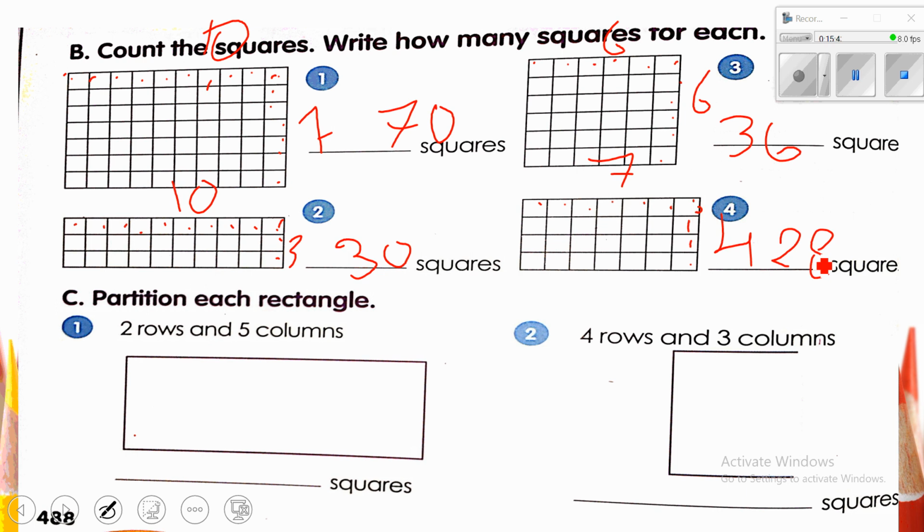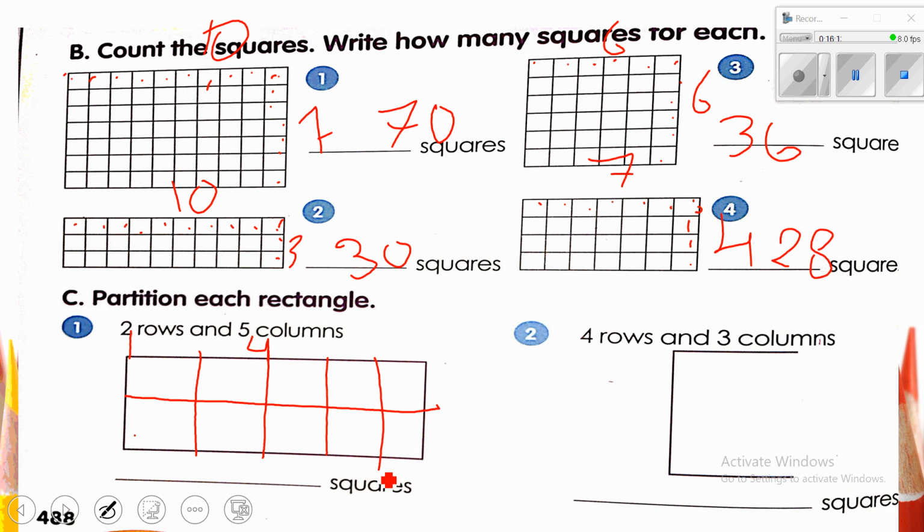Here is partition each rectangle. Here I have 2 rows. Remember, the rule said: number of rows, number of columns, minus 1. So 2 minus 1 is 1. 5 minus 1 is 4. Let's draw the lines now. 2 rows, side to side, only 1 line. 5 columns, I have 4 lines. 1, 2, 3, 4.